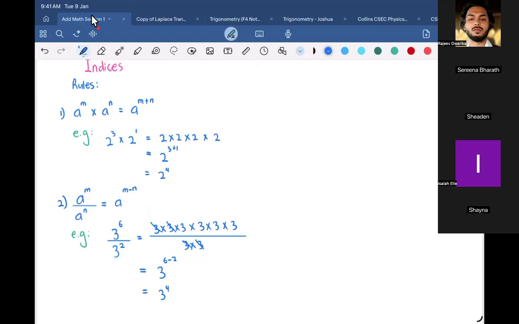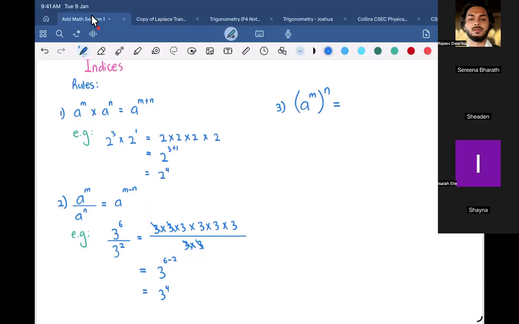Guys, I have a bunch of rules you need to know. So 1 and 2. Let's look at another one. If I have a to the power m, raised to the power n, then check this out.